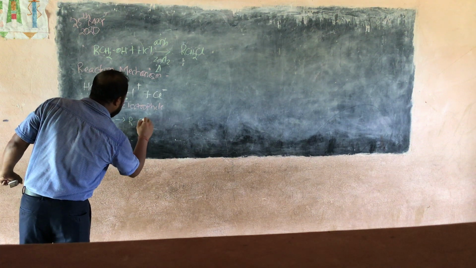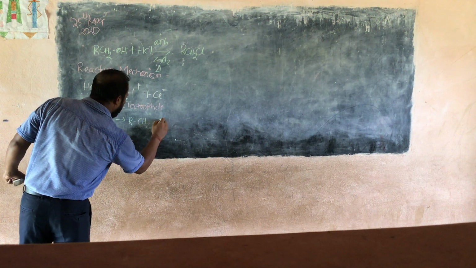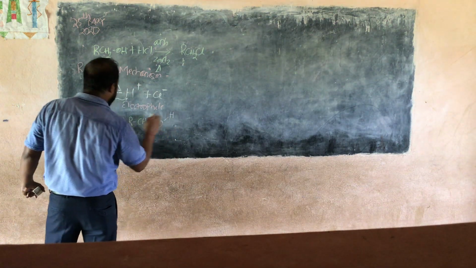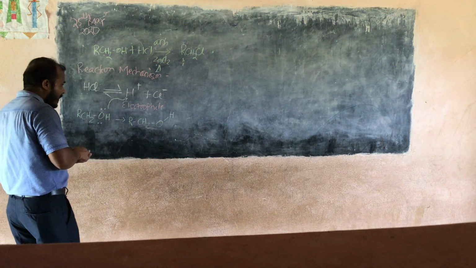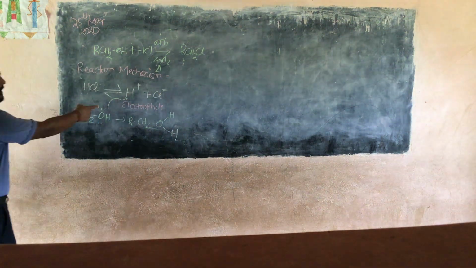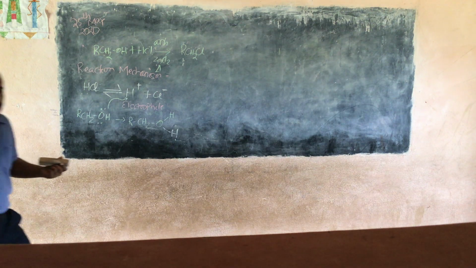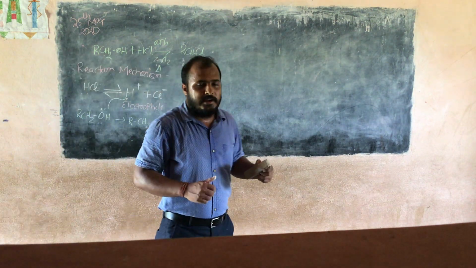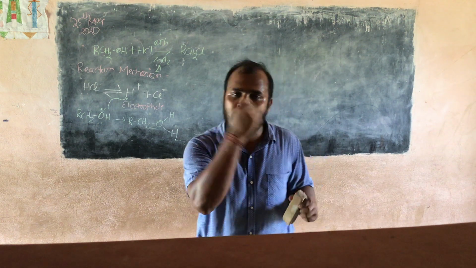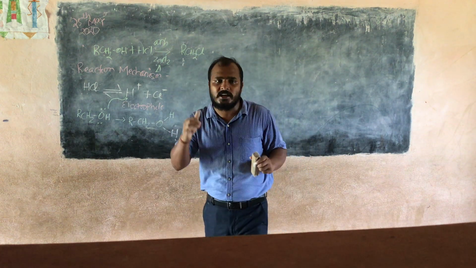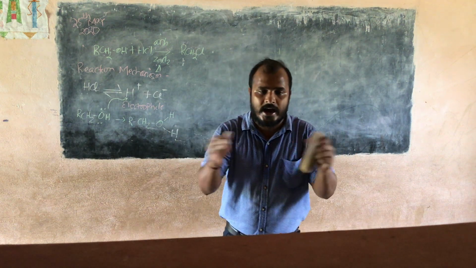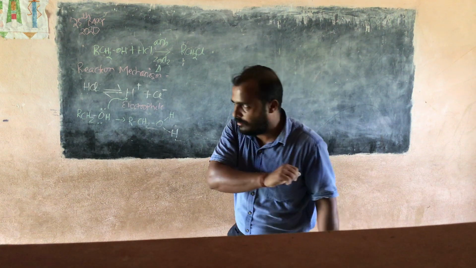Now it will be RCH2O with one hydrogen that was there previously, and it has attached to one more hydrogen, and it has donated a pair of electrons. Why? Because in order to form a covalent bond, we need two electrons. Hydrogen in general has one electron.